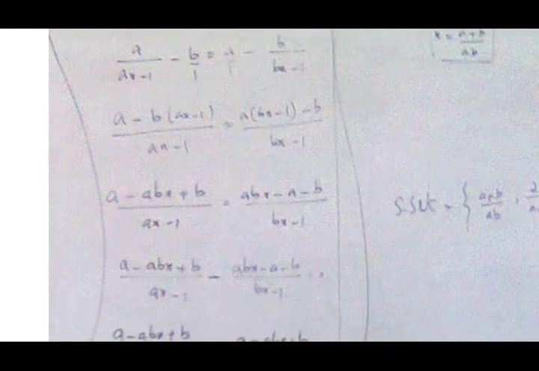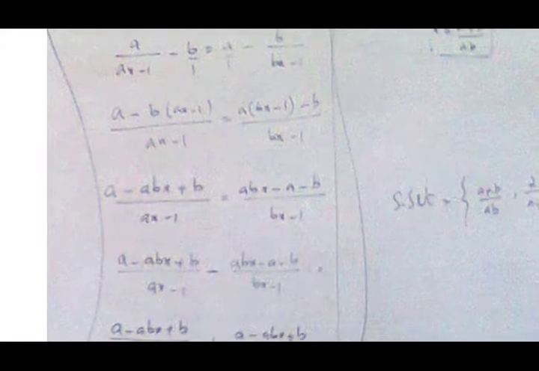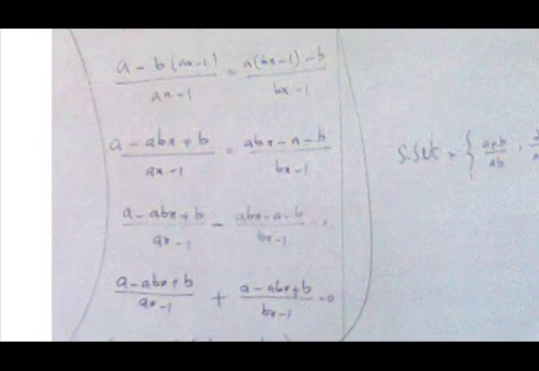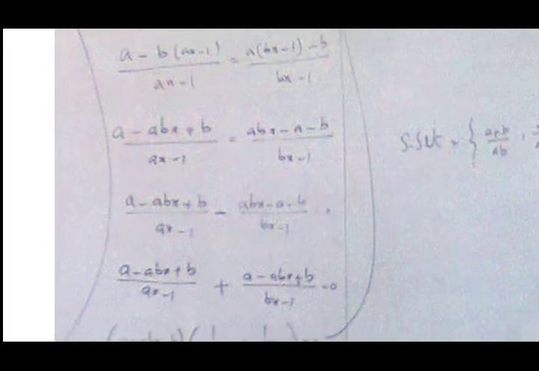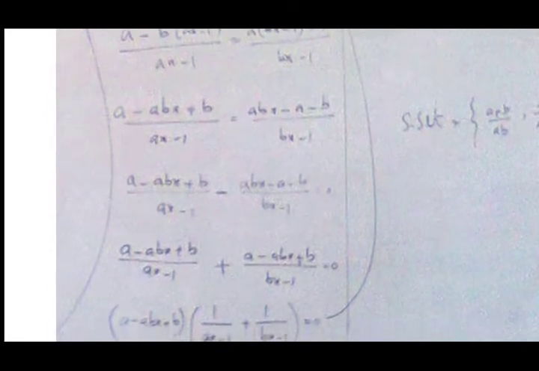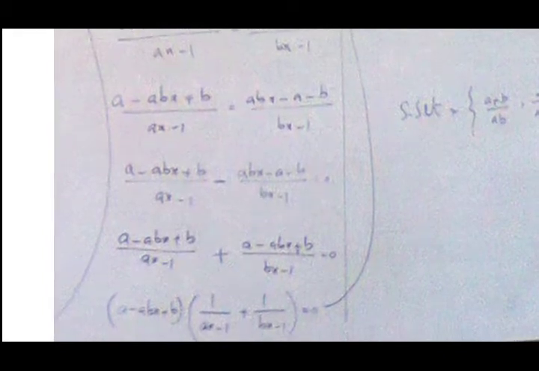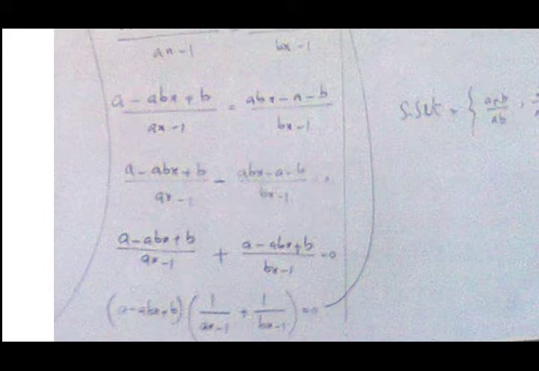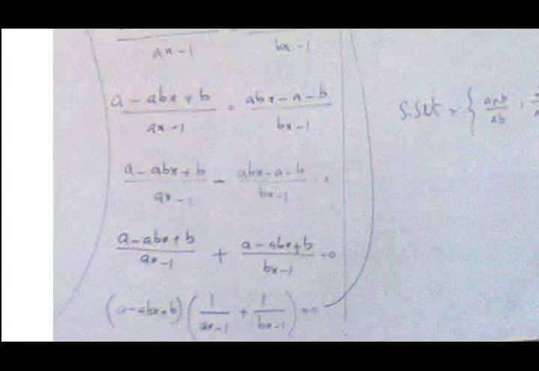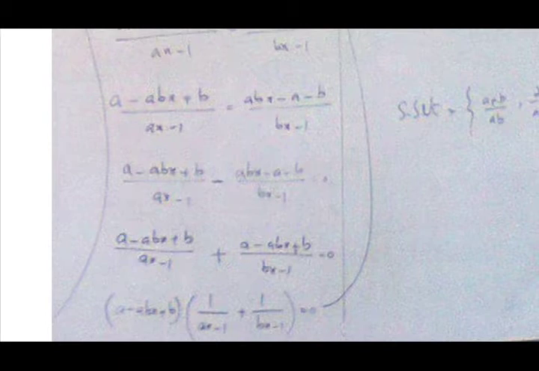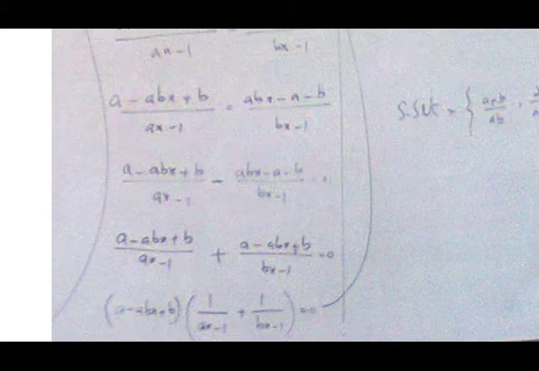Then we move these values to the same side. We see that the first numerators of both values are the same. Now here we take minus common from the second fraction, which changes their signs, and it gives the same values, and we take the numerator common.